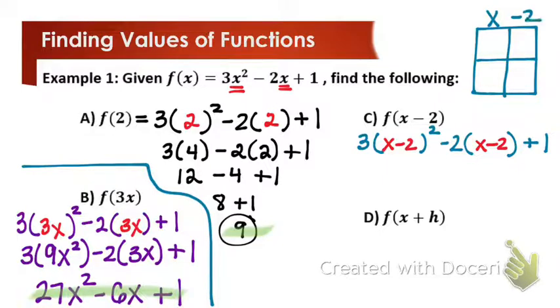So go ahead and fill it in. x minus 2 times x minus 2. So when you take x minus 2 times x minus 2, you actually get x squared minus 4x plus 4.